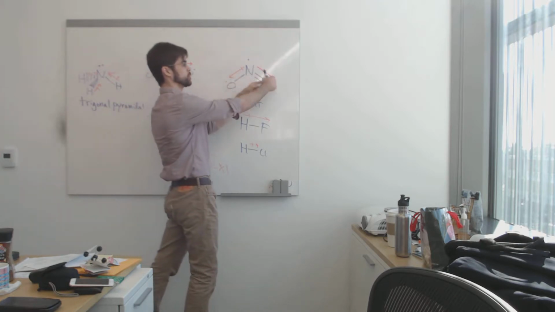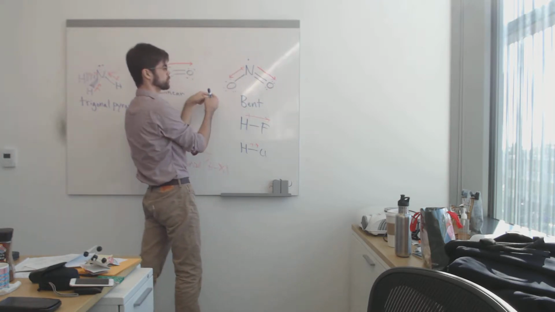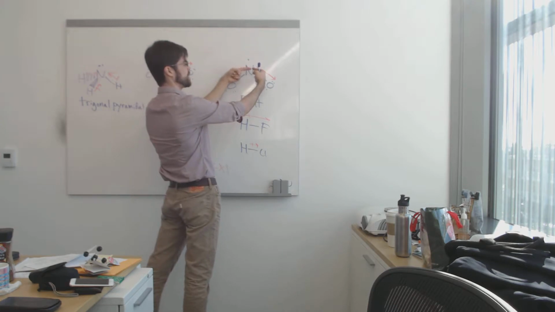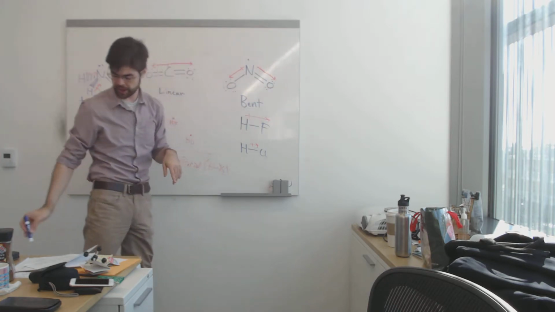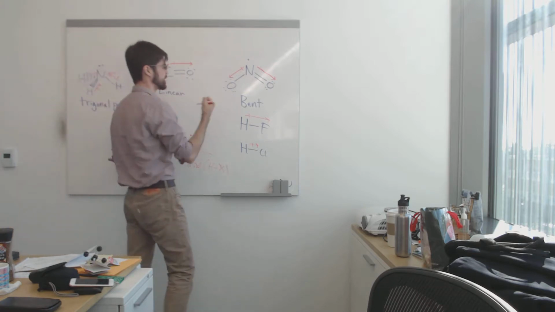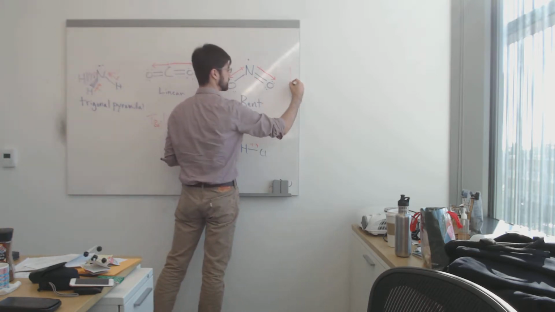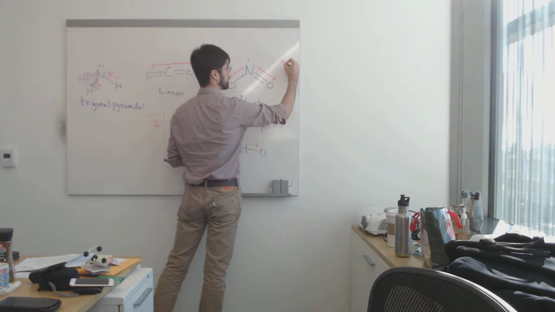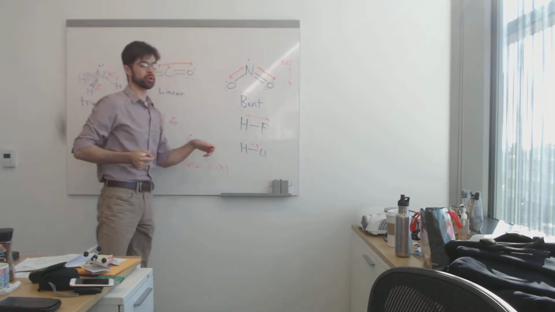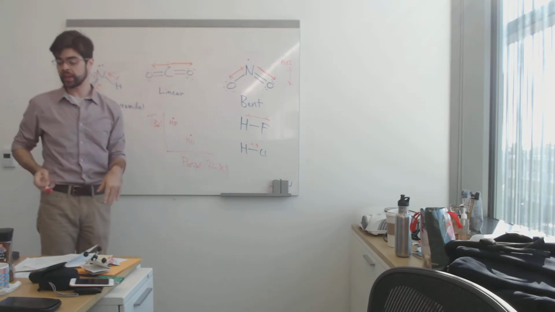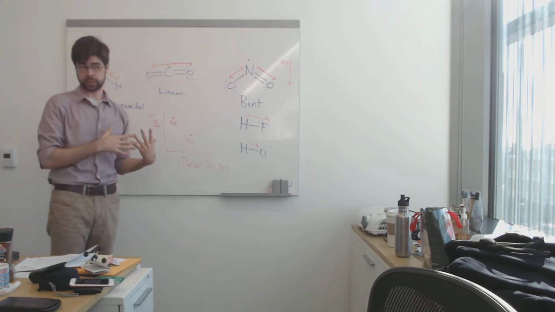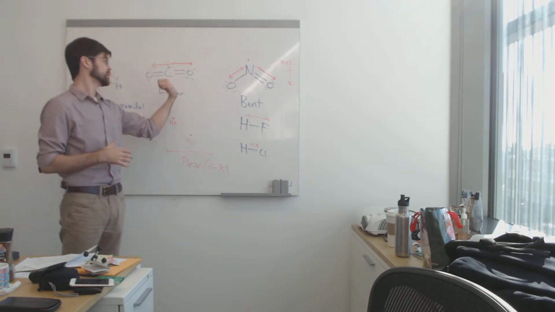So the electrons are pulled towards this oxygen and they are pulled towards this oxygen, but they are not being pulled in opposite directions. They don't cancel each other out. And so you do end up with a very, very slight net dipole pointing towards the oxygens. And that is solely a fact of the geometry of NO2.